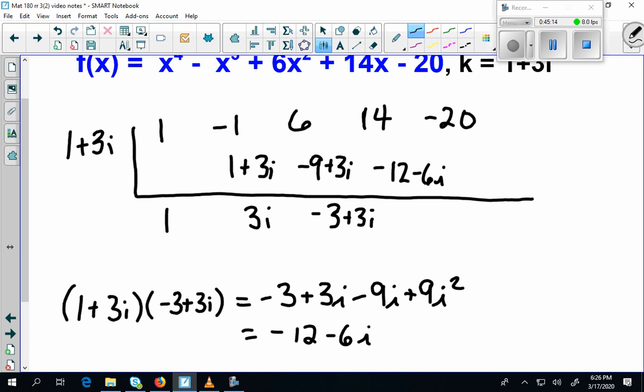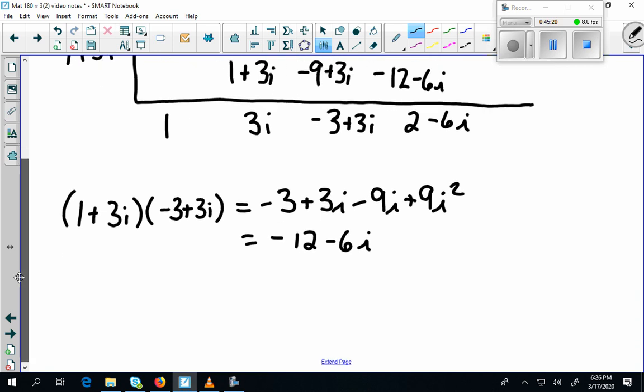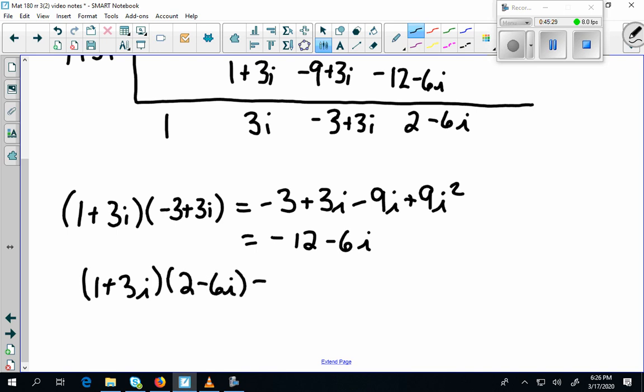So we get 2 minus 6i. Then you want to multiply again. So 1 plus 3i multiplying by 2 minus 6i. And you get 2, and this works out really nicely, plus 6i minus 6i, and then minus 18i squared.